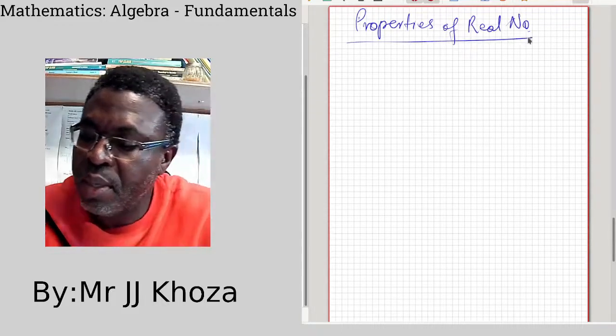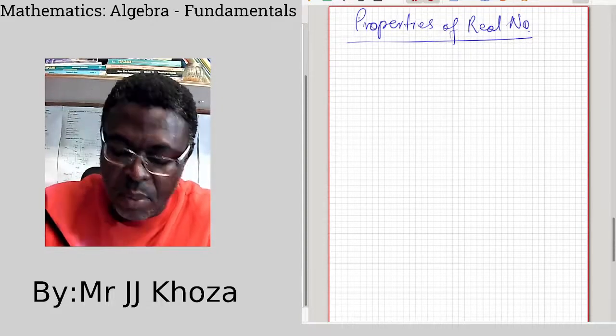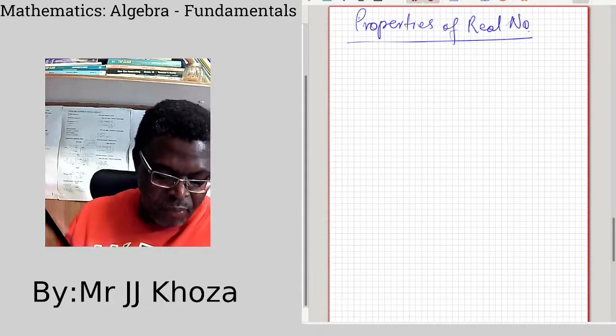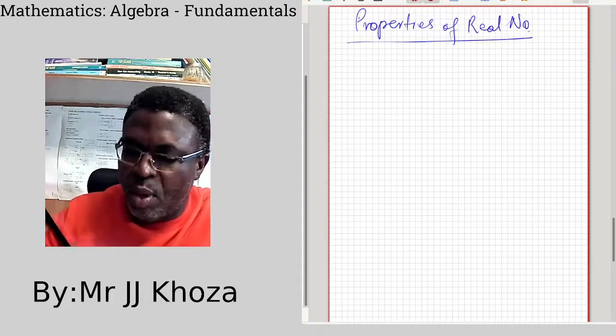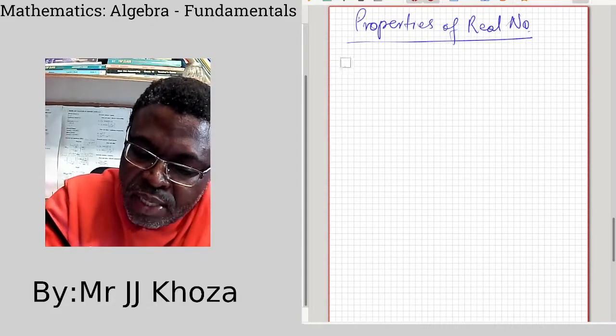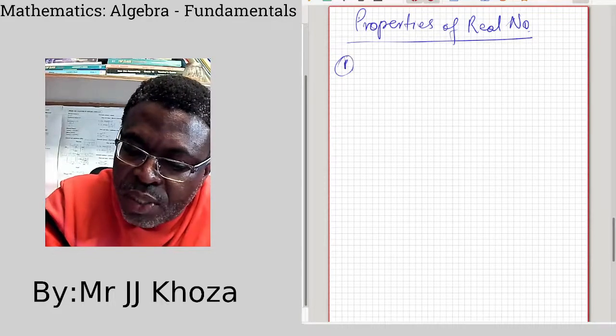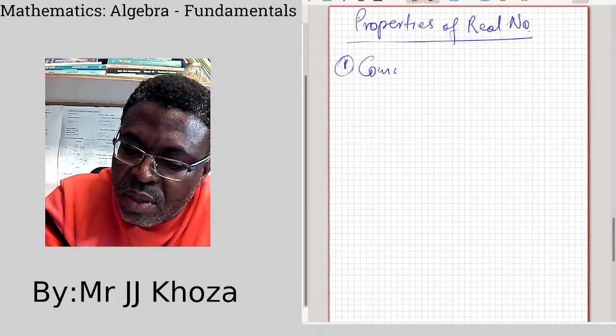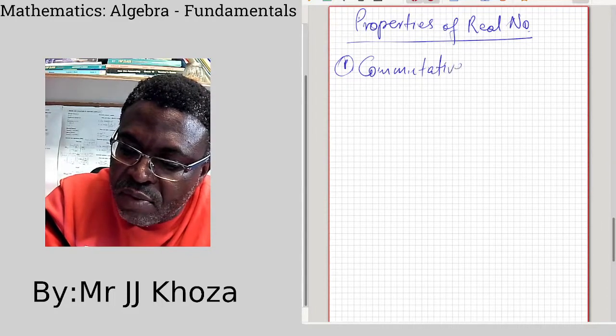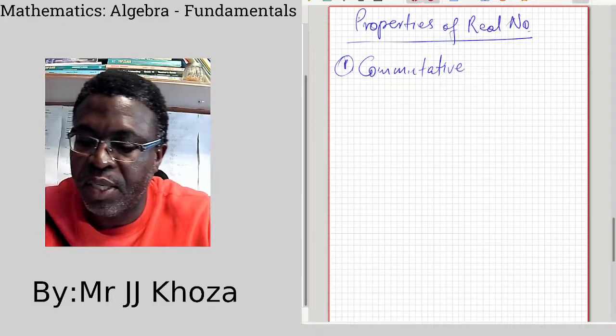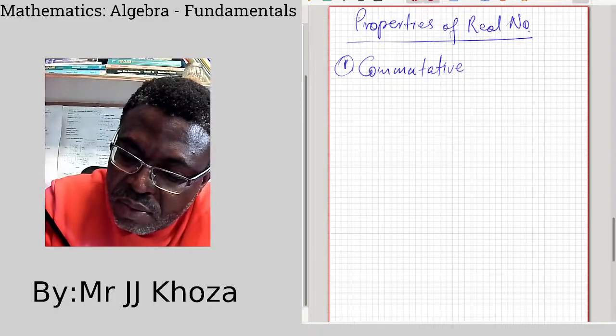When we talk about properties of real numbers, there are 3 important properties which you need to understand. The first one is called commutative.